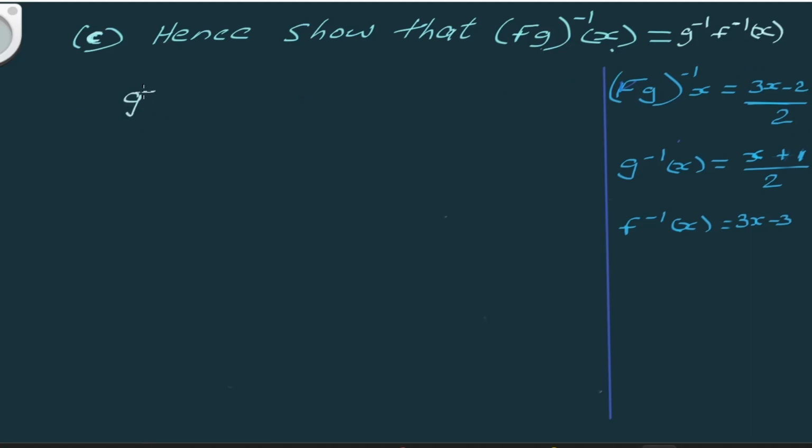So g inverse x, f inverse x. What this is telling us is that this is equal to g, the inverse of the function g.